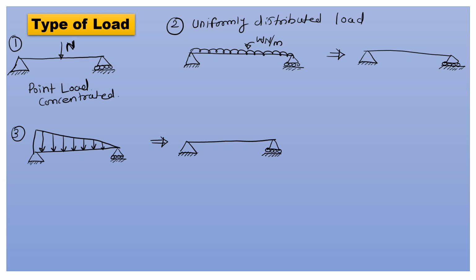This is how the uniformly distributed load is shown, and here we need to convert this loading into a point load, which is in Newton. For that, take the length of this span, take this loading as W and multiply it by the length.